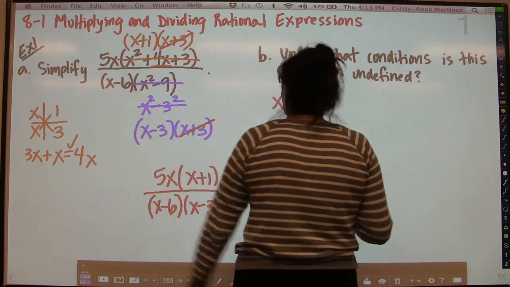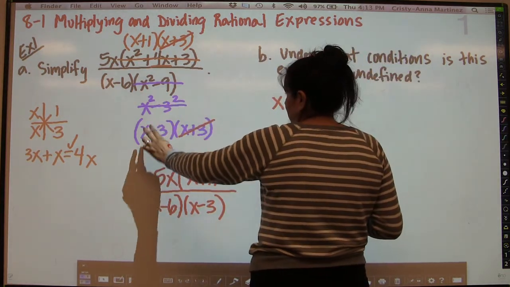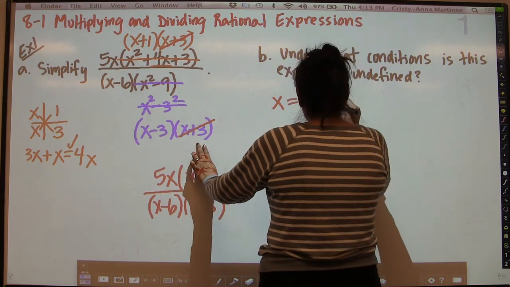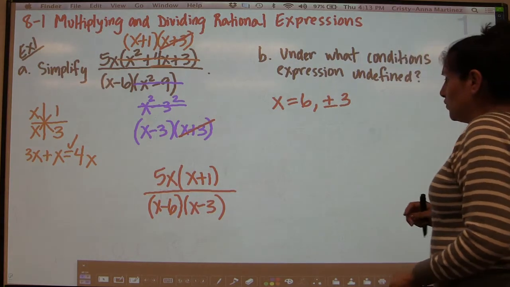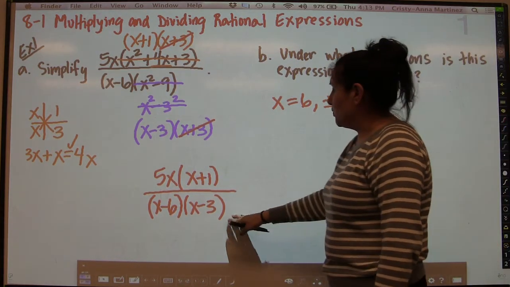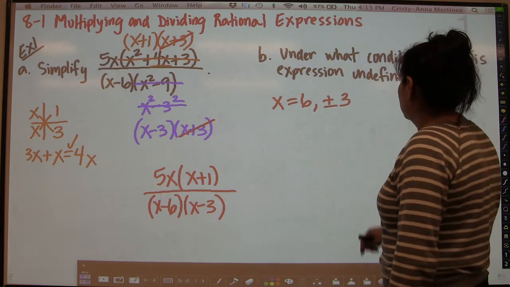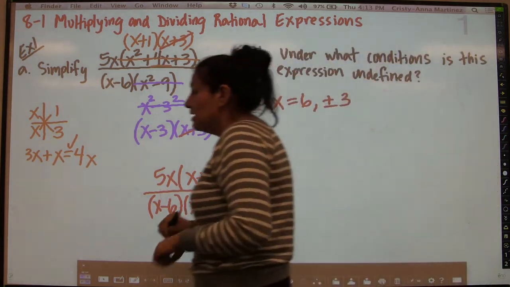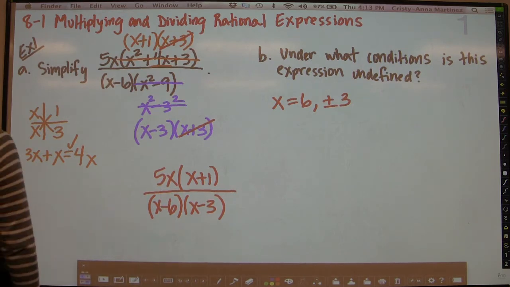So 6 will make it undefined. And then because x squared minus 9 is x minus 3 and x plus 3, x can also not be positive or negative 3. Even though the x plus 3 cancels on the bottom, we still need to include the negative 3 as part of the conditions that make it undefined. So x equals 6, negative 3, or 3 is when it's undefined.